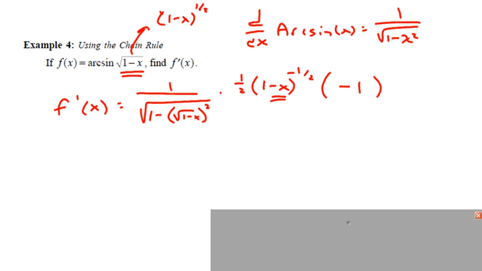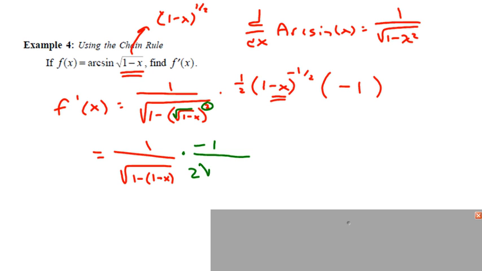Okay, let's simplify this. Well, this equals 1 over the square root of 1 minus x, because the squared and the square root will cancel itself out, times, now writing this all in the proper place, -1 over 2 times the square root of 1 minus x.